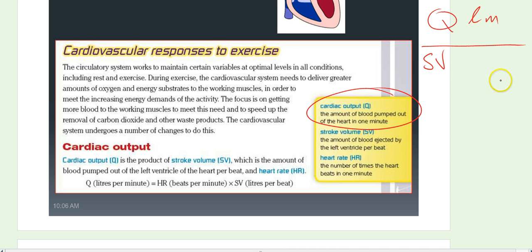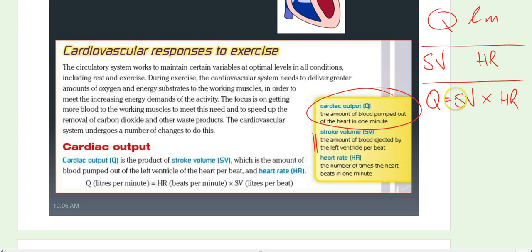We have stroke volume, which is the amount of blood that's ejected from the left ventricle per beat, and we have heart rate, the number of times our heart beats per minute. So cardiac output equals stroke volume times heart rate.